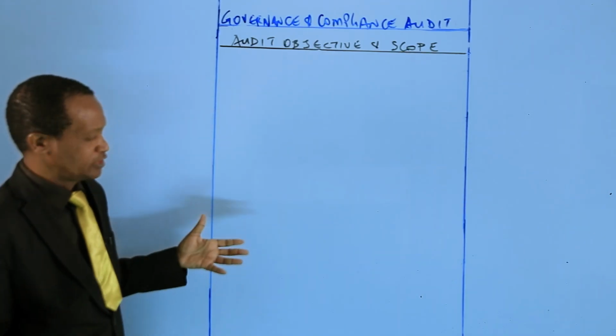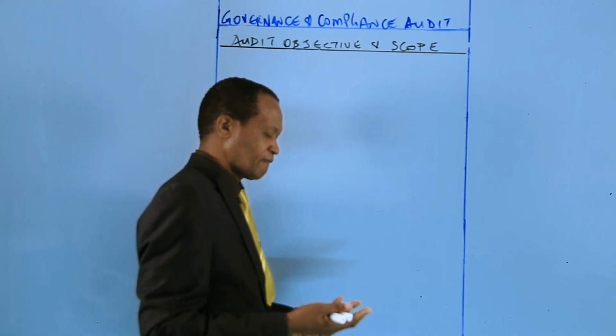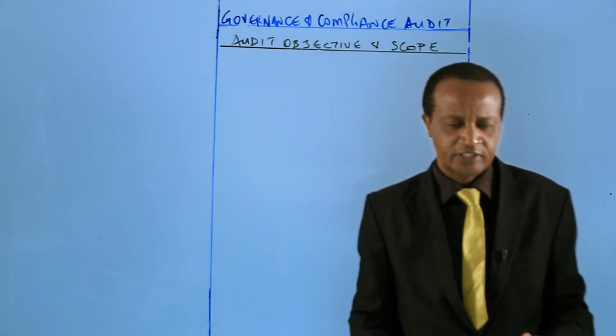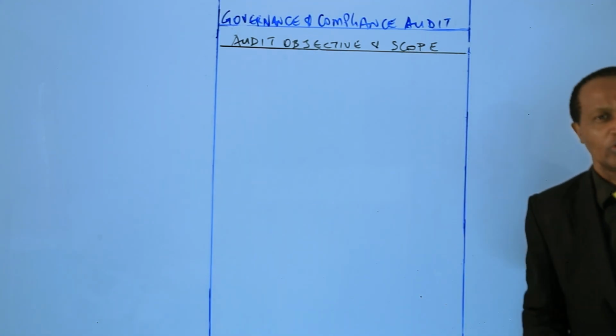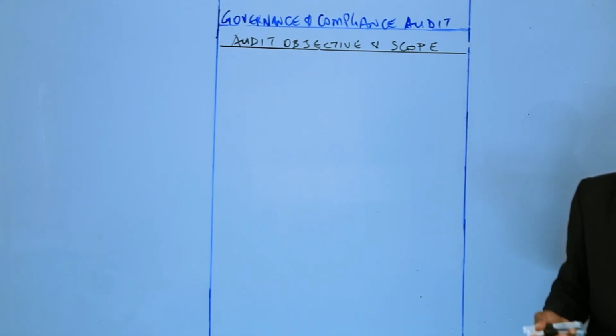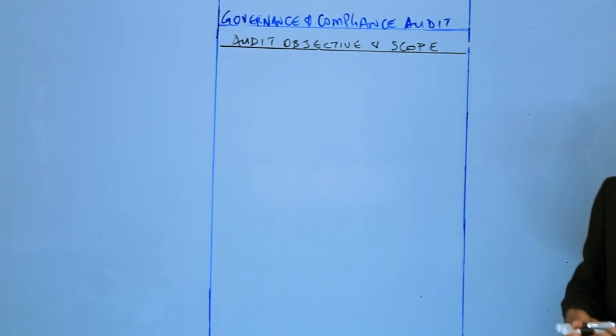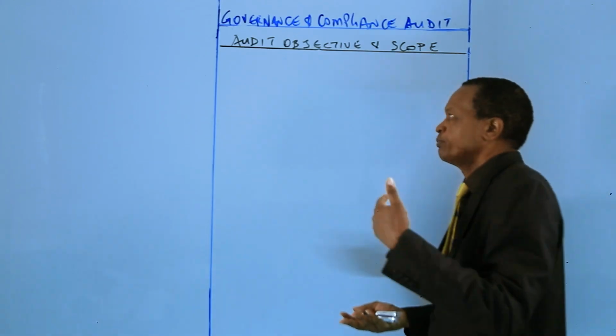So the question now is, what are some of the various objectives of a governance and compliance audit? One such objective is to assess compliance.